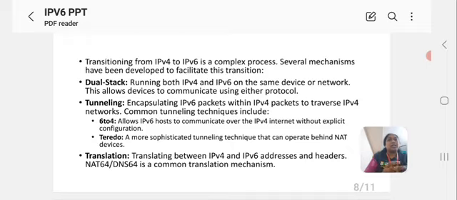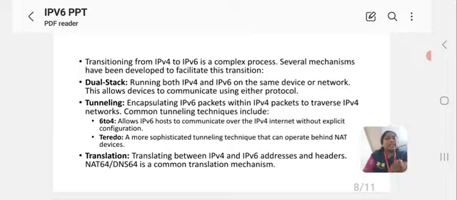Dual stack means running both IP version 4 and IP version 6 on the same devices or network. This allows devices to communicate using either protocol. Tunneling means encapsulating IP version 6 packets within IP version 4 packets to traverse IP version 4 networks.